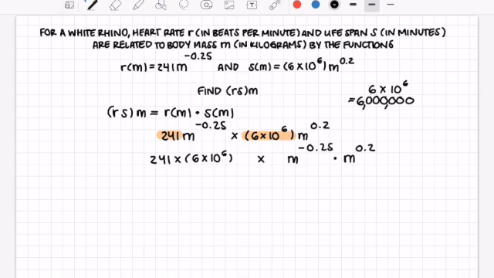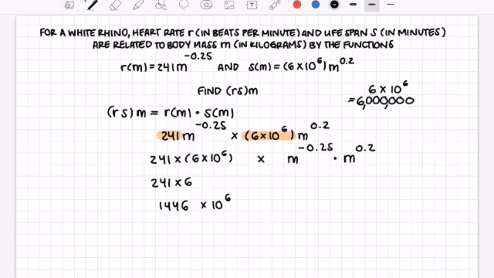So let's see, 241 times 6 equals 1,446 times 10 to the power of 6.